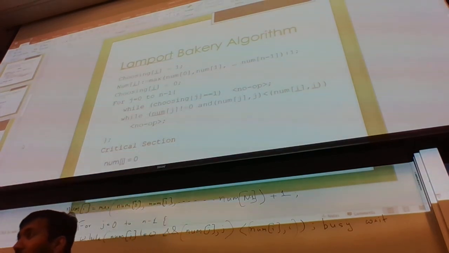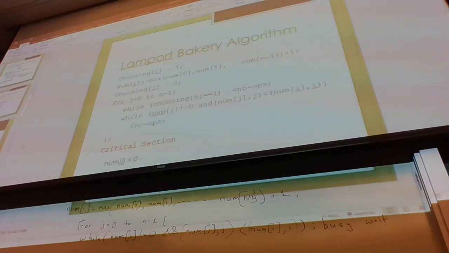What will be the answer? True. Because num2 is equal to num5 and j is less than i. j is 2 and i is 5. So 2 is less than 5. So process 5 will wait for process 2.